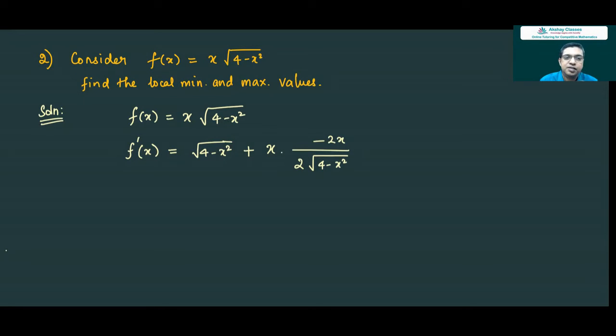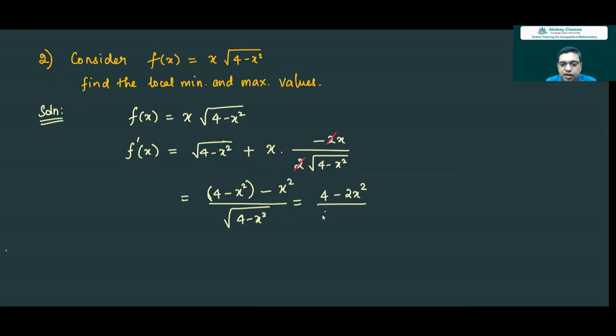Okay, what happens? The 2 cancels. Then we bring it to the common denominator. Under root of 4 minus x squared multiplied by itself will give 4 minus x squared, and this is x into minus x, which is minus x squared, by under root of 4 minus x squared. We get 4 minus 2x squared by under root of 4 minus x squared. This is the derivative.